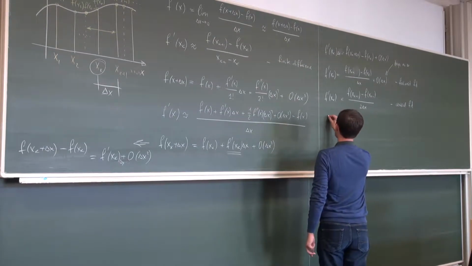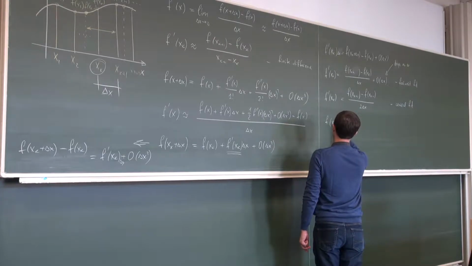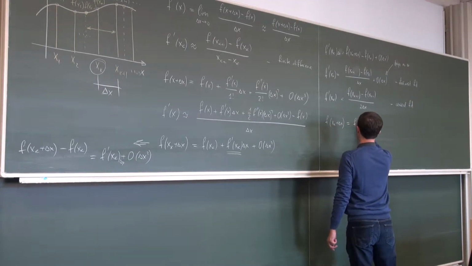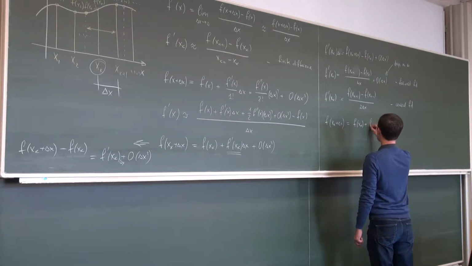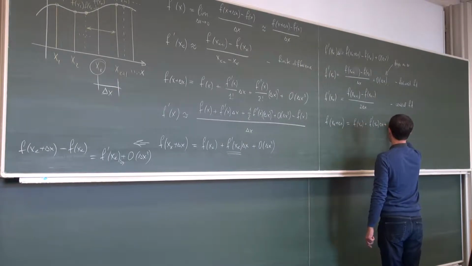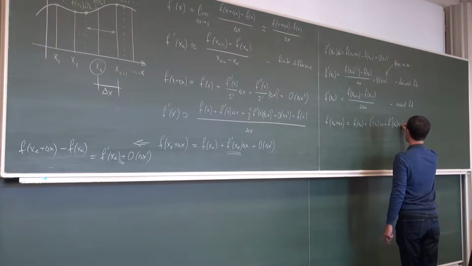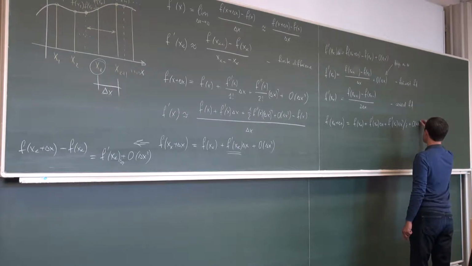If we have f of xk plus 1, that is xk plus delta x. So that is f of xk plus f prime of xk delta x plus f double prime of xk delta x squared over 2 plus order of delta x cubed.